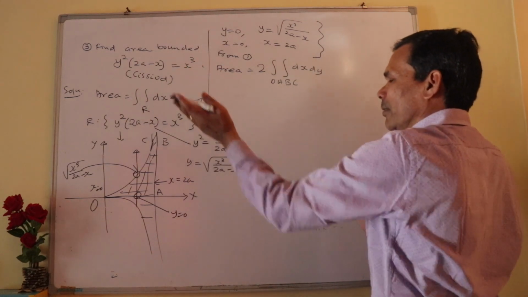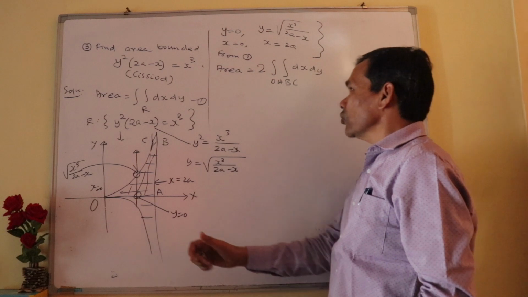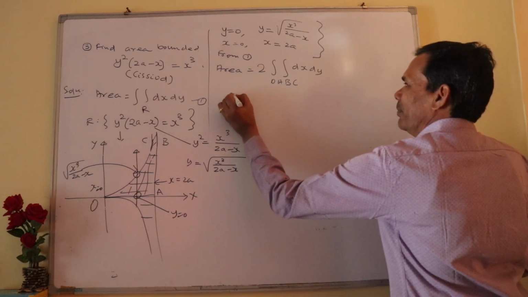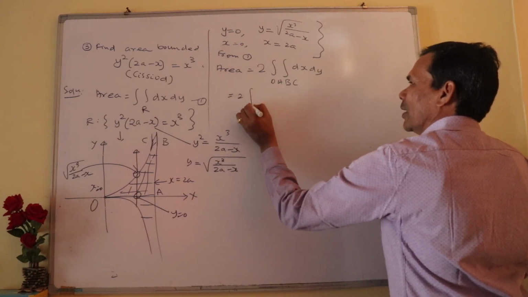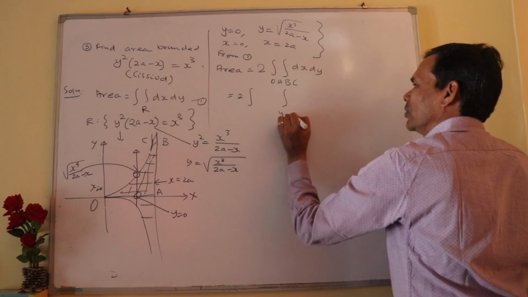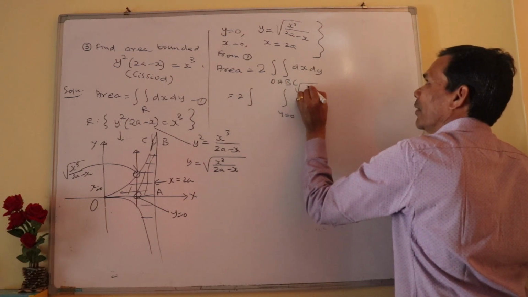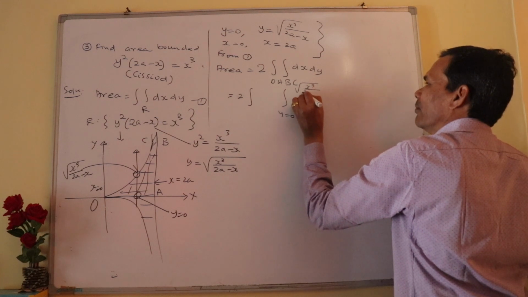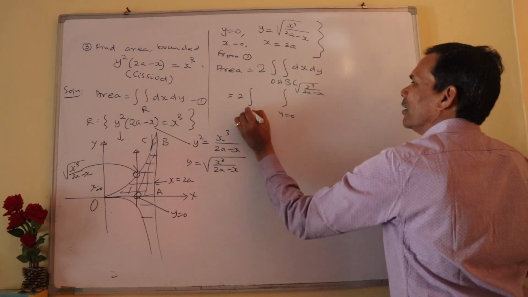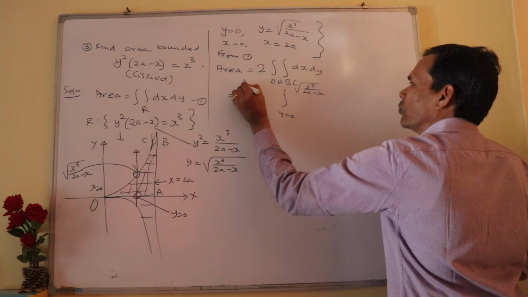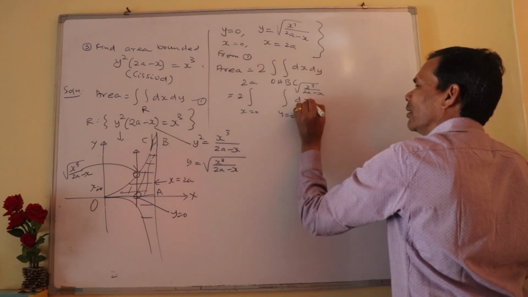So this is the upper half, and we have to find the total area, so we make it 2 times OABC. So 2 times, I apply the limits, y is equal to 0 to root of x cube upon 2a minus x, and x is equal to 0 to 2 times a, dx dy.